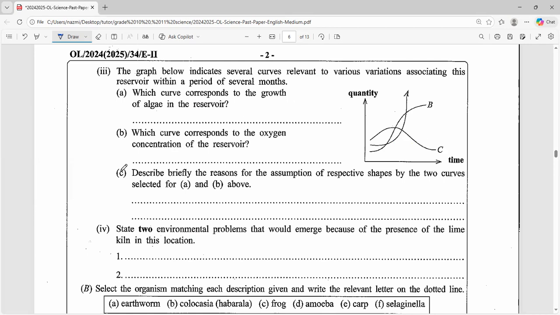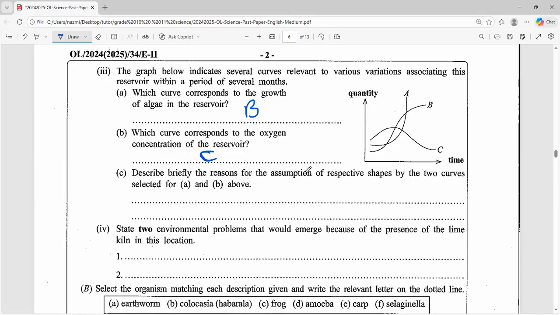No, algae growth is increasing and after that they die, no? Isn't it, for the competition? So B is the ideal one, yeah. Which curve represents the oxygen concentration? That reduces, no? Oxygen concentration reduces. Yeah, it is C.